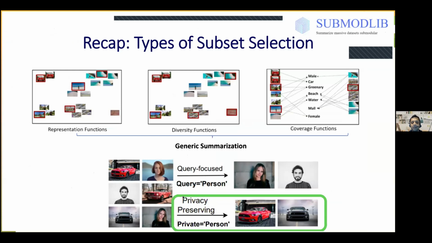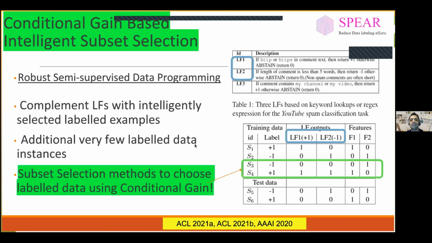And that's exactly where our work on conditional gain or privacy preserving variants comes in handy. To give another very simple example, you see these labeling functions LF1 and LF2, which seem to be fairly confident on examples S1 and S2.